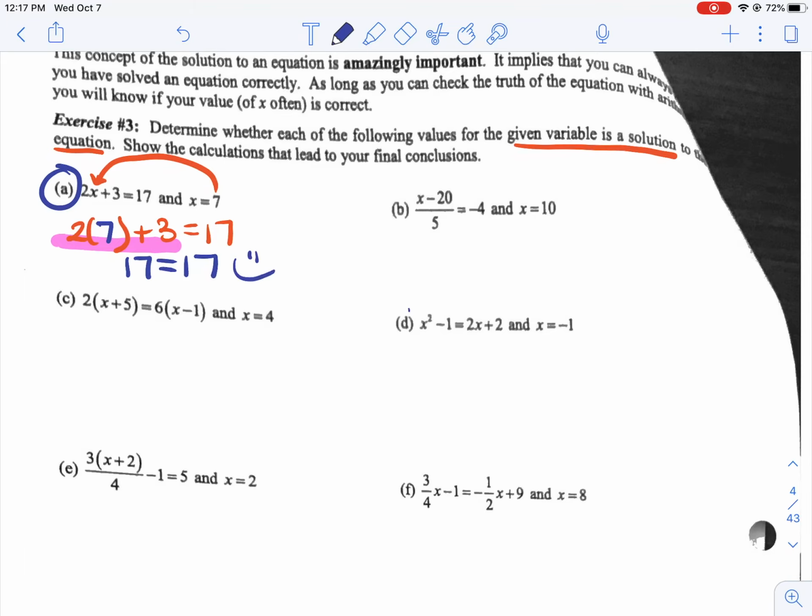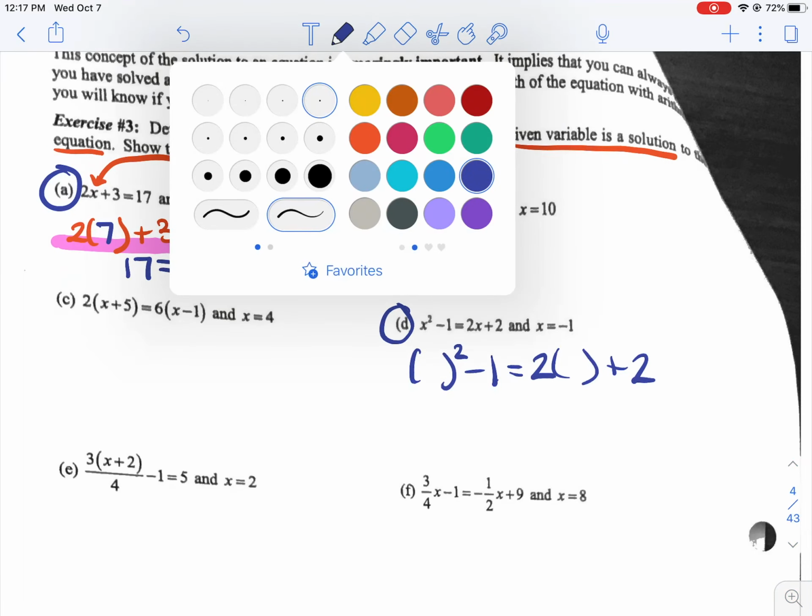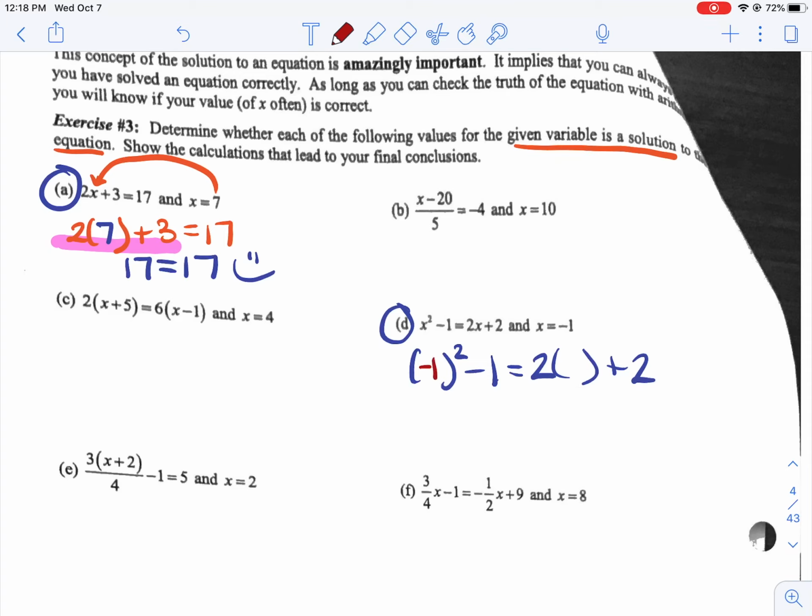Let's try one that's a little bit harder. We just did A. If we go down and look at D, let's do the same thing. Every place I see an x, I'm going to put in -1. I'm first just going to write my equation out. So for x, I'm going to put in -1 here and -1 here. -1 squared is 1. I'm going to bring down 1 minus 1.